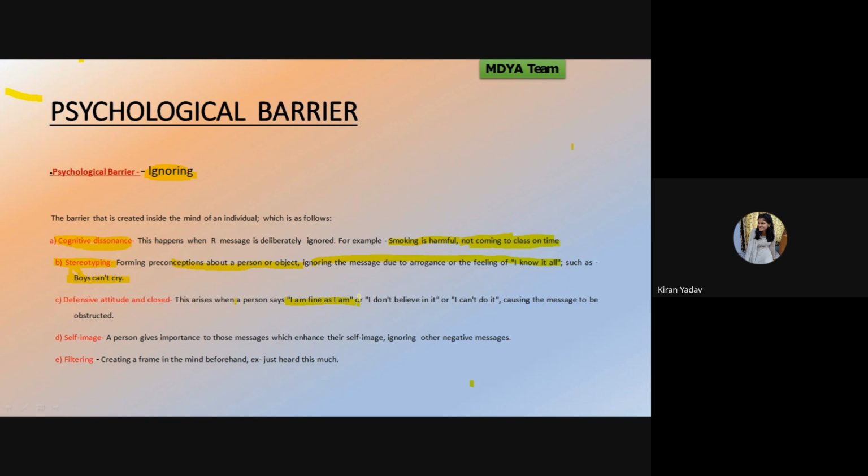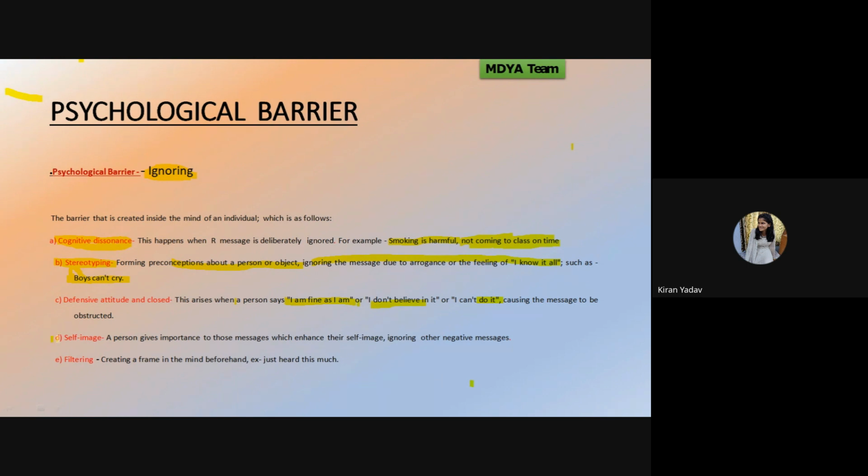They are not open to feedback. I do not believe in it. I can't do it. So they are not open for conversations. They are just restricting. They are not open for improvement, and they are rejecting certain ideas without even consideration.